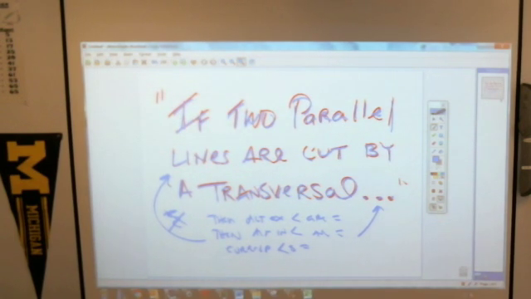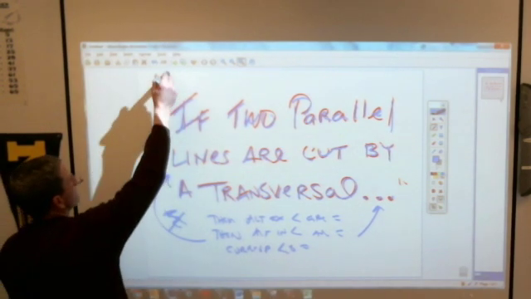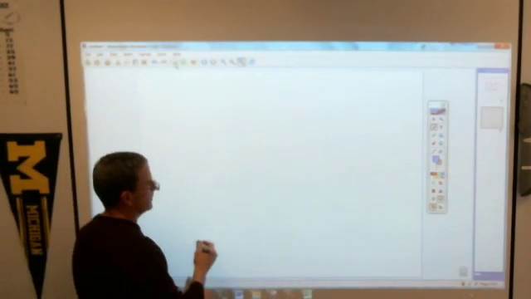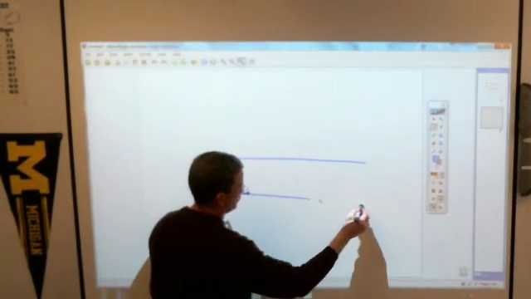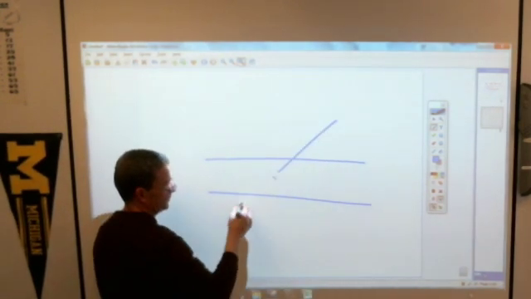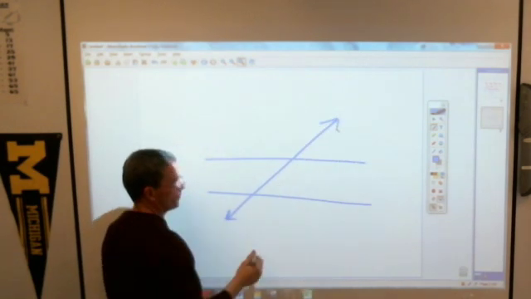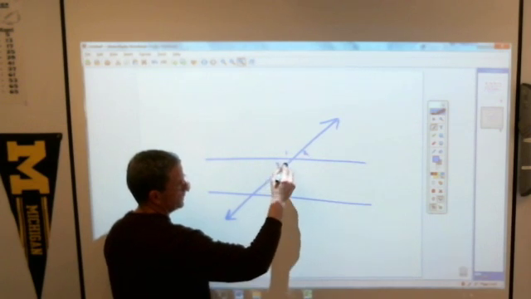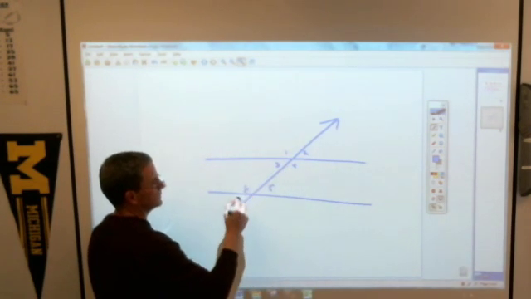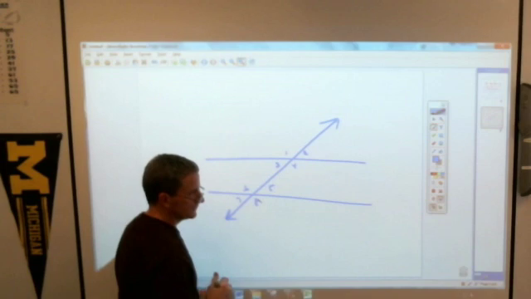Let's take a look here. Here are my 2 parallel lines, and I'm going to cut them by a transversal this way. I'm going to label these angles 1, 2, 3, 4, 5, 6, 7, 8.